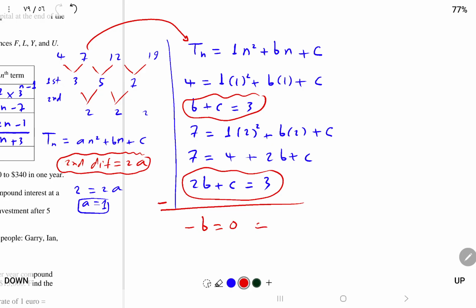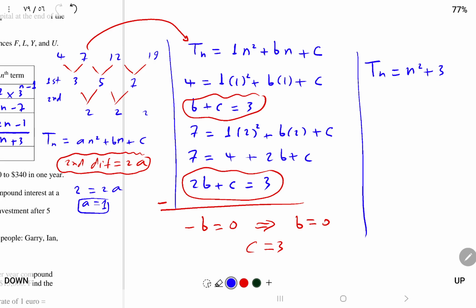And this means b equals 0. If you replace b as 0 in one of the equations, you get c equals 3. So finally, like this, we got the nth term, a equals 1, b equals 0, and c equals 3. So Tn in this case would be n squared plus 3.